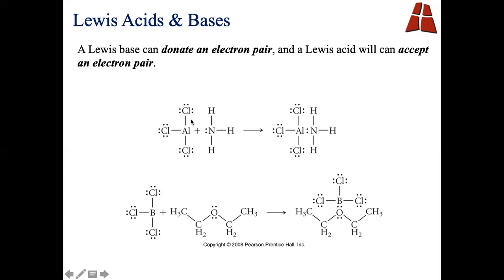A Lewis acid is the thing that accepts electron pairs, so our aluminum with our 3 chlorides is our Lewis acid. Our ammonia is our Lewis base. In the bottom example, boron is what accepts the electron lone pair from our ether, and our ether is the thing that donates that electron pair through the oxygen.